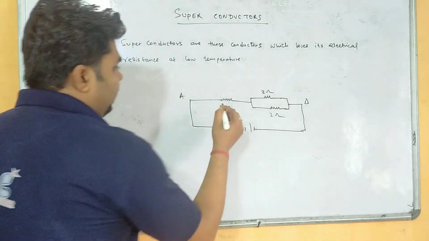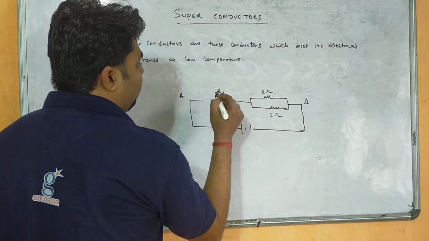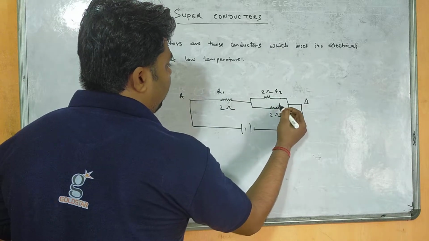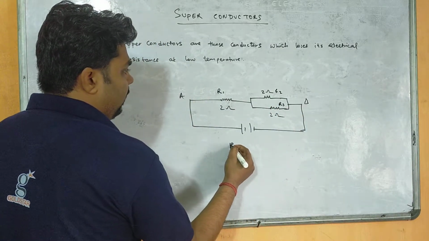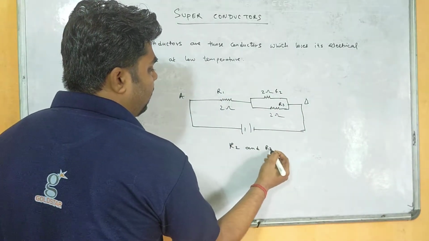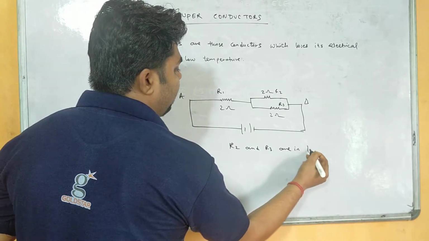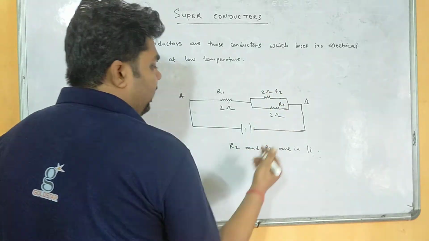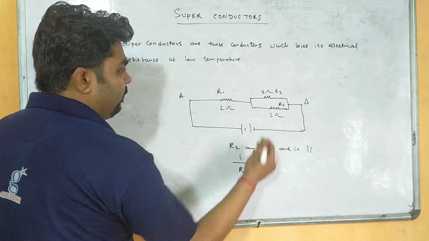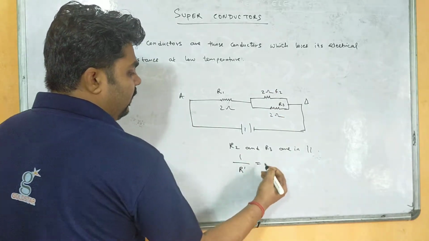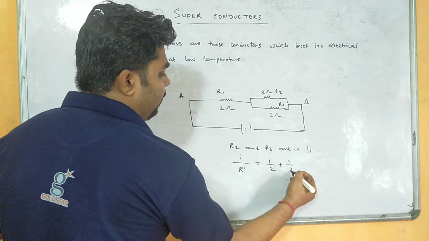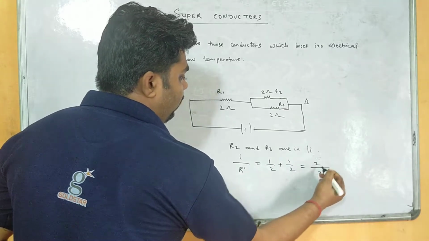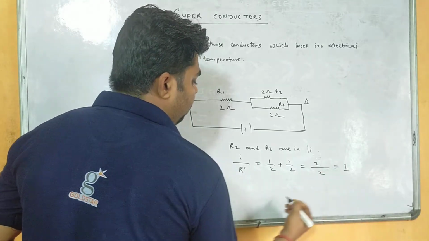So let us consider this R1, this is R2, and this is R3. First we will say R2 and R3 are in parallel. So 1 by R dash equals 1 by 2 plus 1 by 2. If you take the LCM, we get 2 by 2, so 1 by 1.